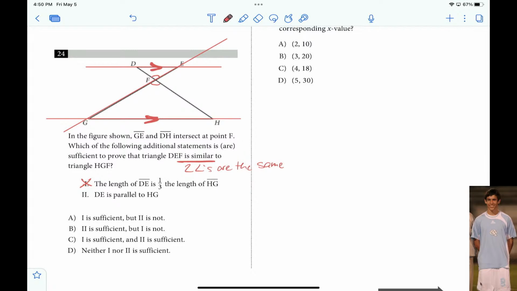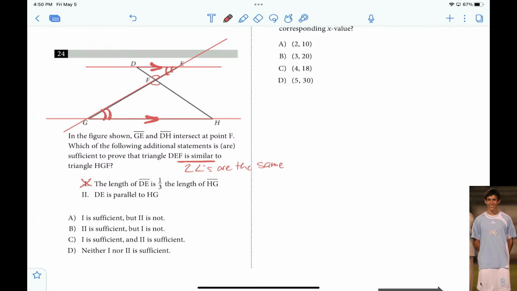So here I could say that this angle will be congruent to this angle over here because those are alternate interior angles. So by knowing that these two lines are parallel, DE and GH, and having EG pass through those two parallel lines, we can now say, because of alternate interior angles, that those two angles are the same.